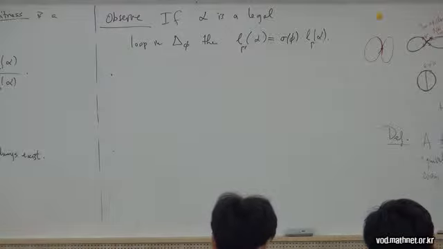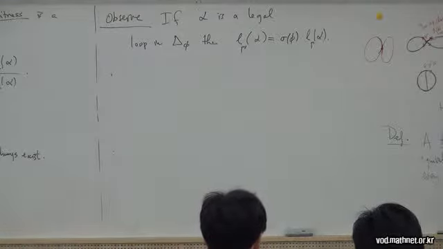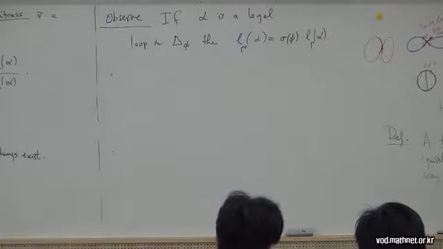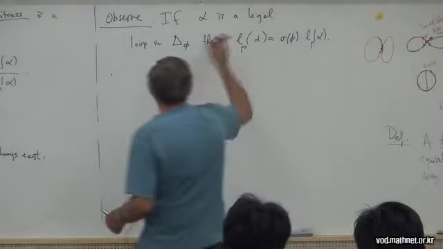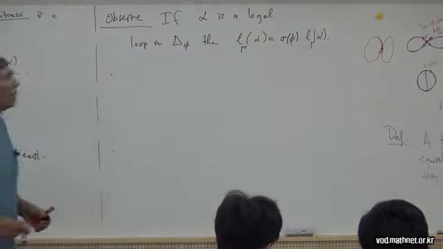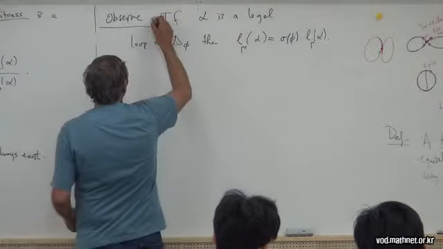So there is no cancellation when you take the image. Okay, so our only task is somehow to find a legal loop in the tension graph. So this is maybe the first observation.